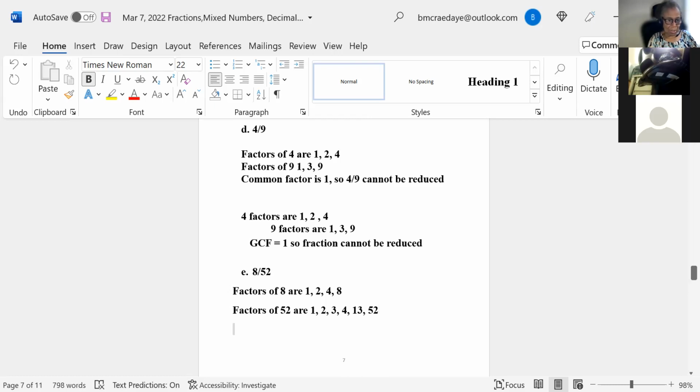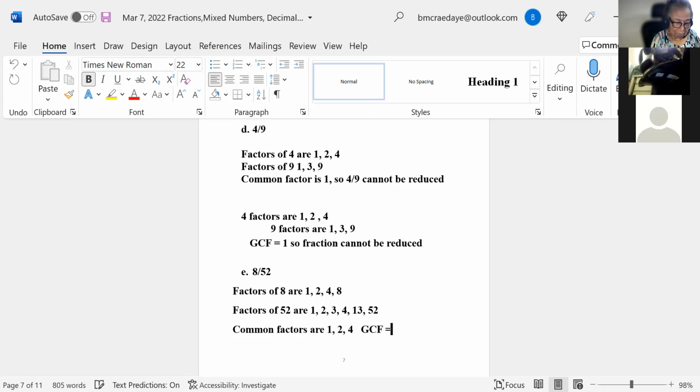Now these two lists, the common factors, the ones you see in both lists, are what? 1, 2, and 4, right? Yeah. Common factors are 1, 2, and 4. Now, what's the greatest common factor of that list?